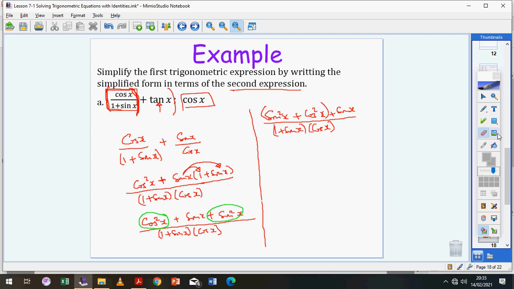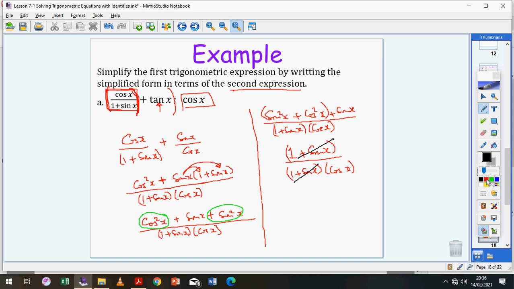Alright, so that's 1 plus sine of x divided by, and I hope you can see what I talked about earlier, that will cross out 1 plus sine x times cosine of x. At the top I have 1 plus sine x, and at the bottom I also have 1 plus sine x. So the two 1 plus sine x's can cross out.